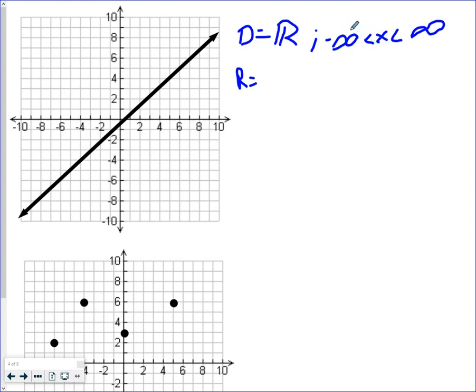It says you go on forever to the left and forever to the right. So the infinity symbols are used to go forever left or forever right or both in this case. Same for my range. My graph keeps going up and keeps going down in this direction. So my range is again all real numbers. Or I could use the inequality down here and just swap out the x for a y.